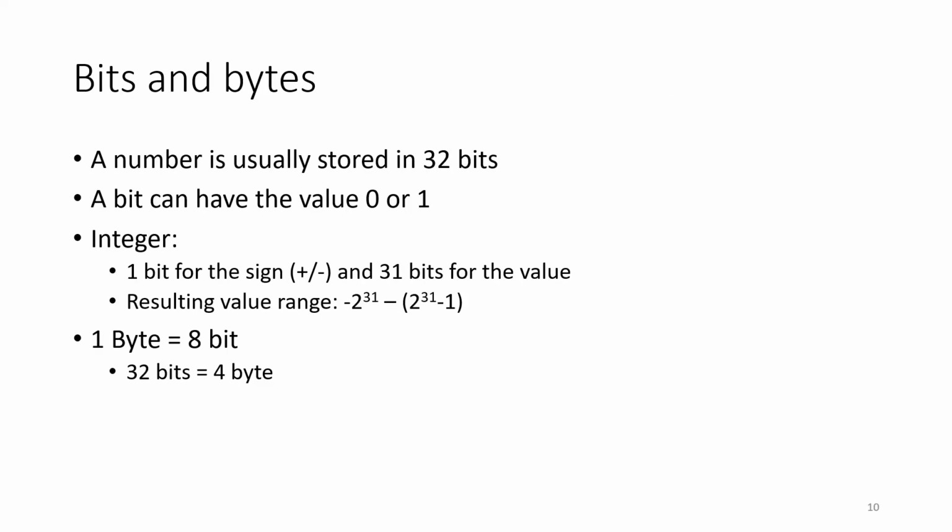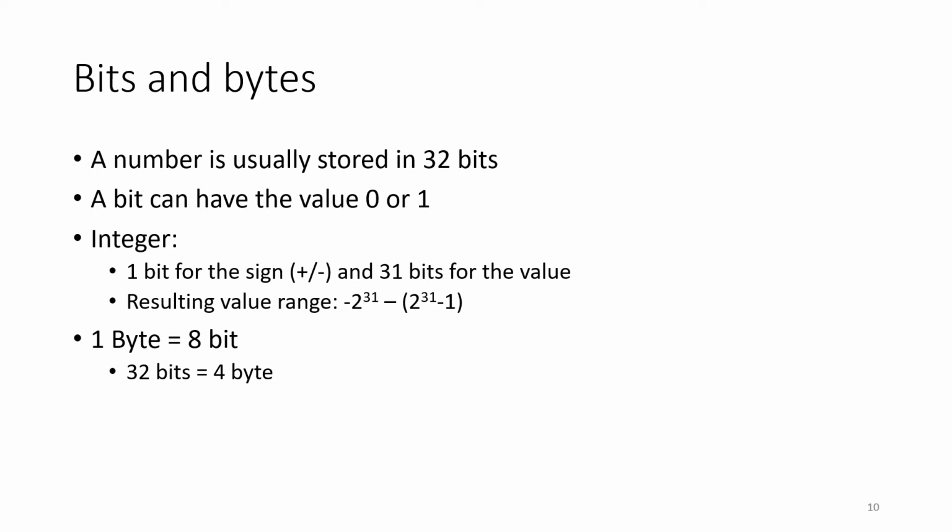Because, as you probably know, a computer is calculating in zeros and ones, right? So if we have a number, it is stored in bits, let's say in 32 bits. Of those, if we have an integer, 1 bit is used for the sign, which gives us a plus or minus, depending on 0 and 1.